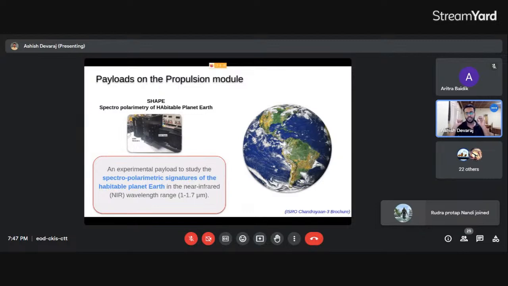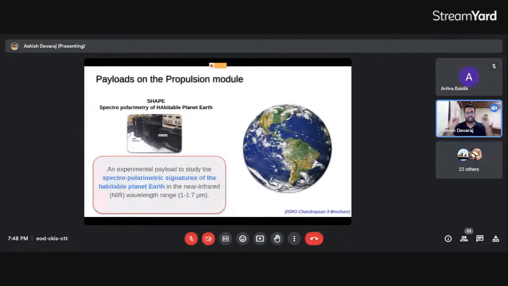So now, if you want to know what signatures life on Earth makes on the atmosphere around Earth, to look at that, the SHAPE payload helps us. The payload looks at the Earth and looks for various spectropolarimetric signatures which are caused due to life.